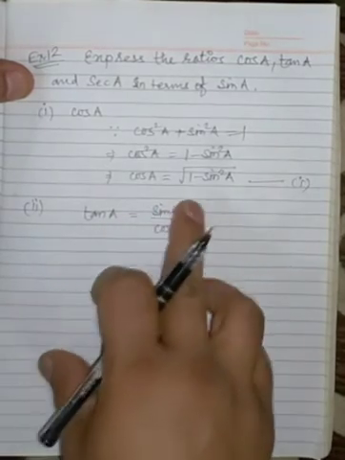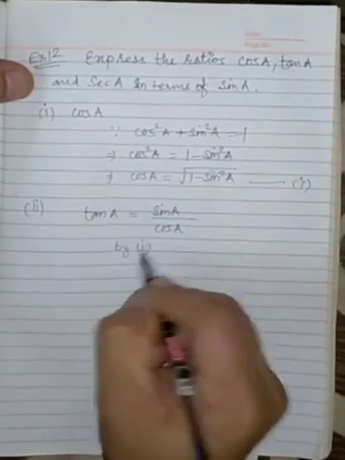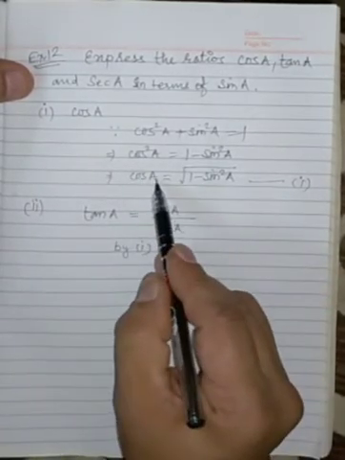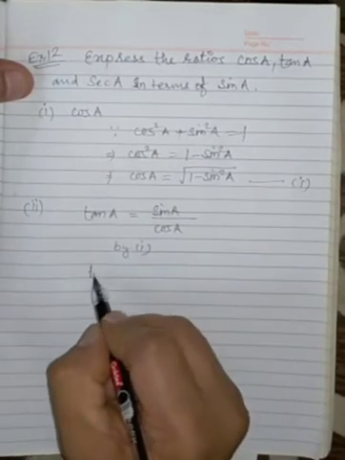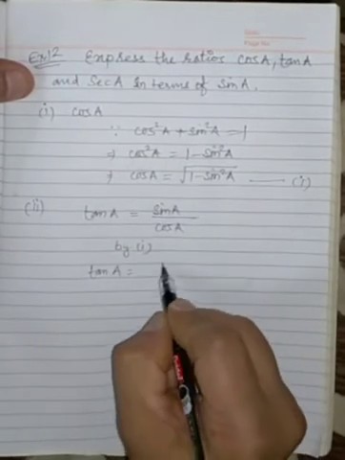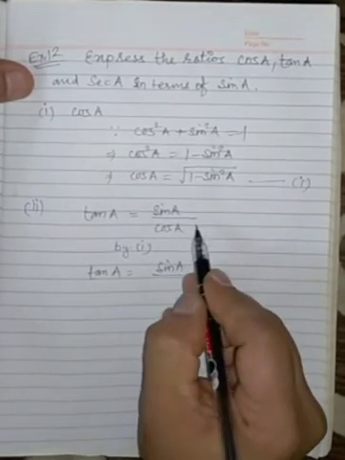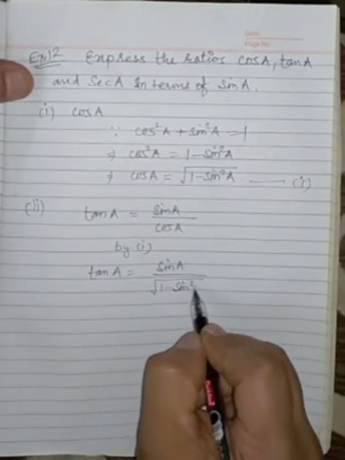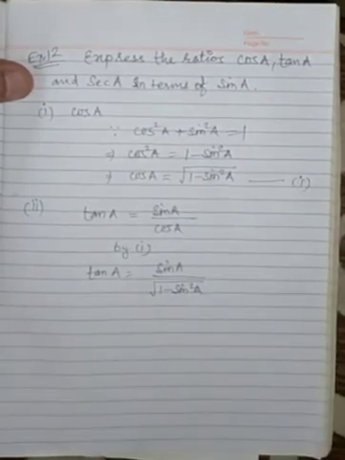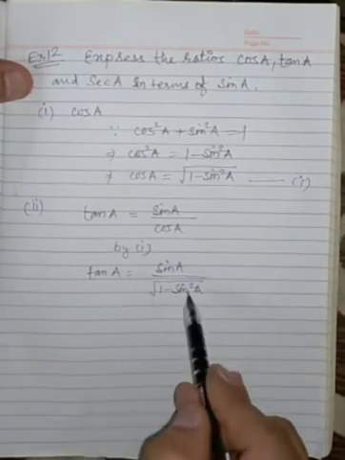Tan A is equal to sin A upon cos A. Now by equation number 1, we know that cos A is equal to under root 1 minus sin square A. So tan A will be equal to sin A, numerator as it is, and denominator cos A, in place of that we can write under root 1 minus sin square A. So this is the expression of tan in terms of sin.